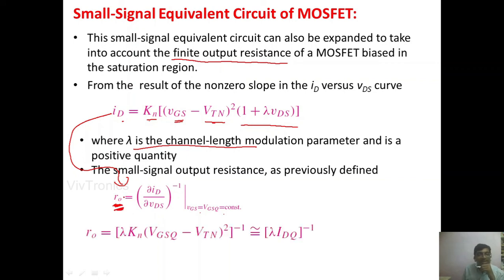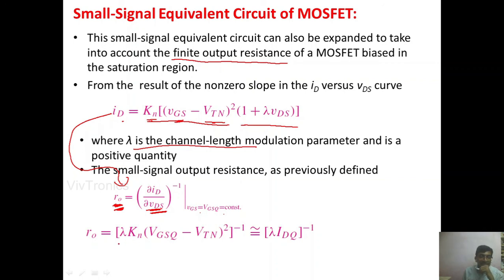After doing the differentiation with respect to VDS, Kn into (VGS minus VTN) whole squared is a constant in terms of VDS, and in the term 1 plus lambda VDS, the 1 is a constant and its differentiation is 0, plus lambda VDS. As we are differentiating in terms of VDS, VDS by VDS will give us 1, and lambda will multiply this entire term.